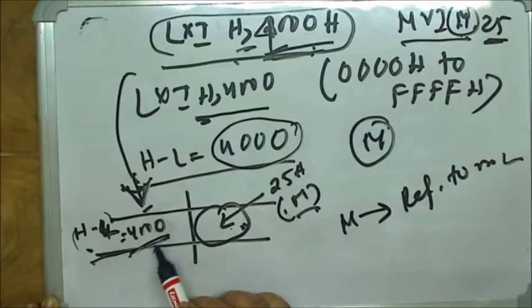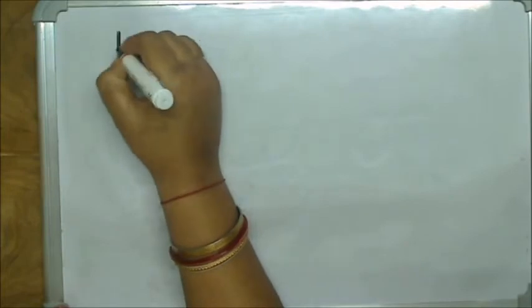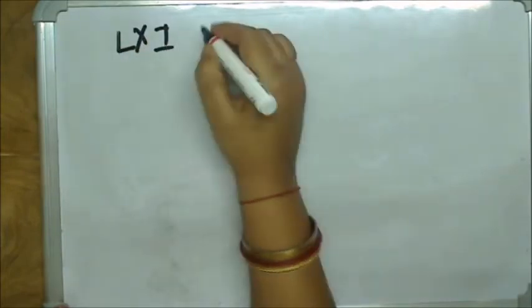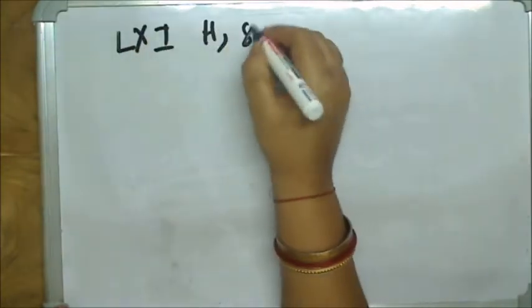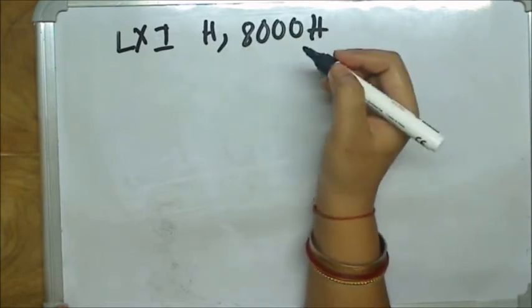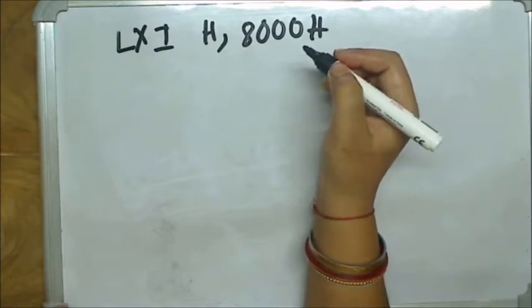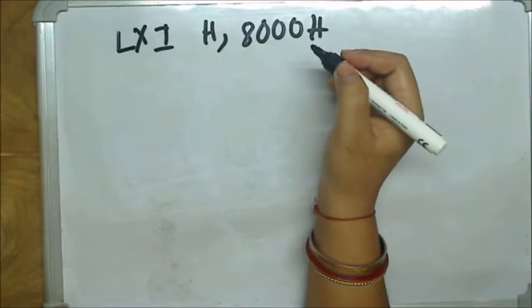Likewise, suppose you want to store something in memory location 8000. You first initialize the HL pair by writing LXI H, 8000. Now the HL pair is 8000.